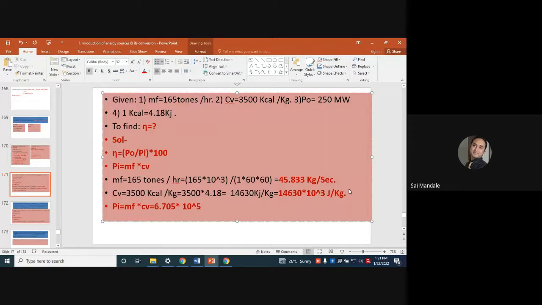Please recalculate the answer. Somebody is telling, please loudly. 67.04 into 10 raised to 5. 0.7053.